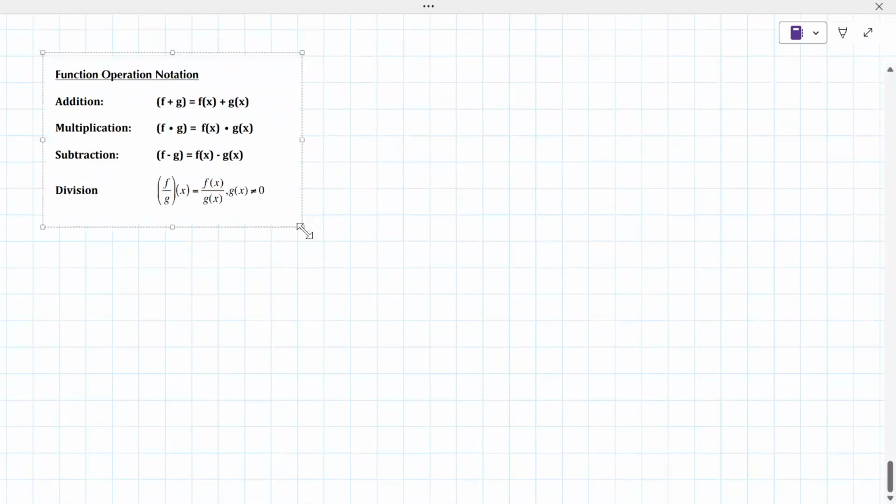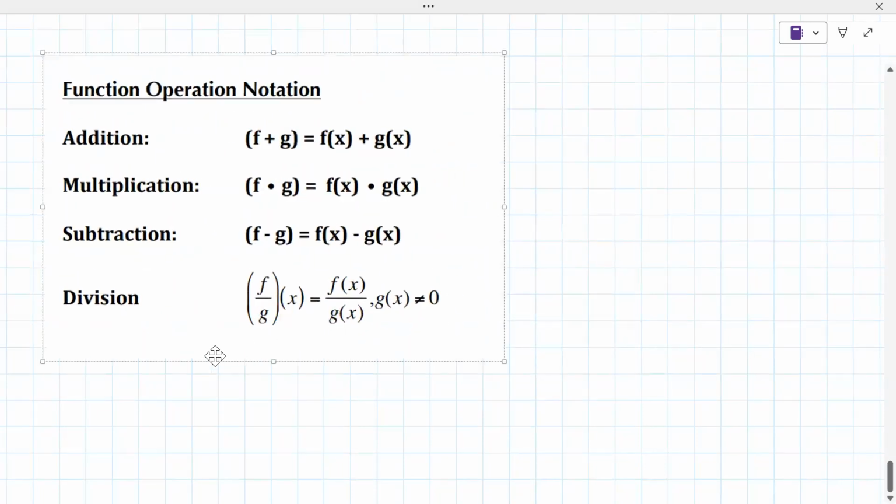Nope. I'm good. Okay, so it's kind of a rinse and repeat situation. We're going to do the same thing with the four operations, but we're going to do them now with functions. Not the most exciting topic, but that is what we have in front of us.